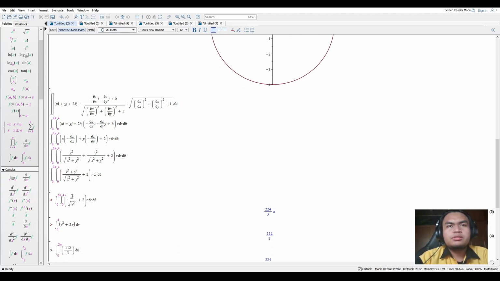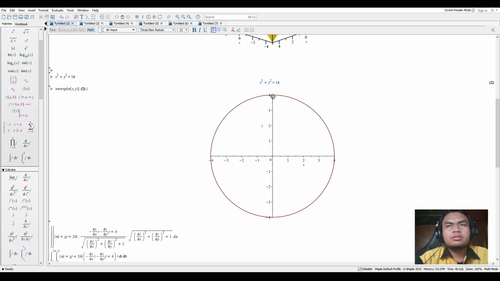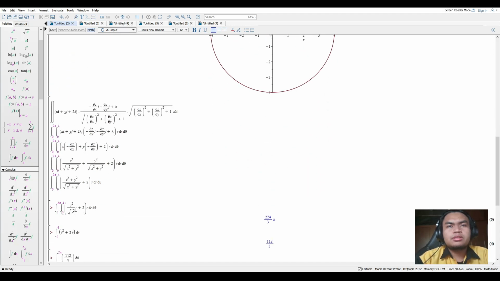Okay, from here we can see the 4 and the 0 we get from here, which is the R. So we just insert the value: theta is 0, R is 4 and 0, and also 2 pi.